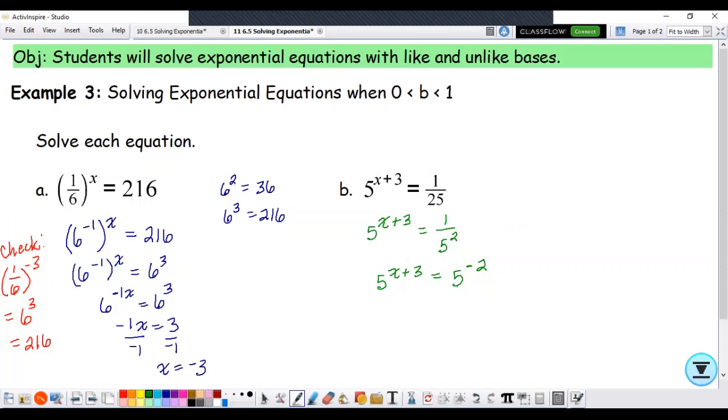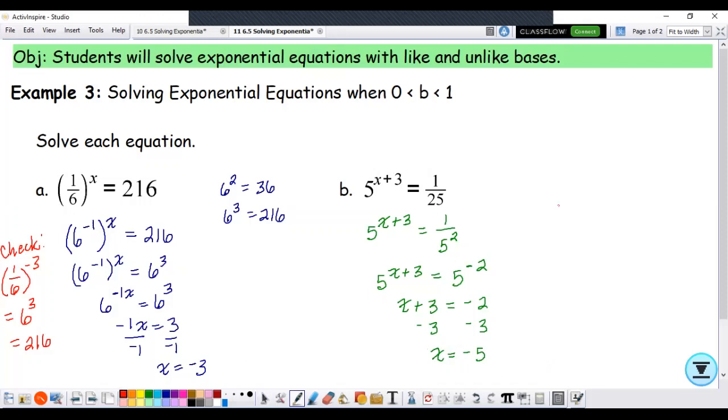Now that we have the same base, we can set the exponents equal to each other. x plus 3 equals negative 2. Subtract 3 from each side, and we have x equals negative 5.